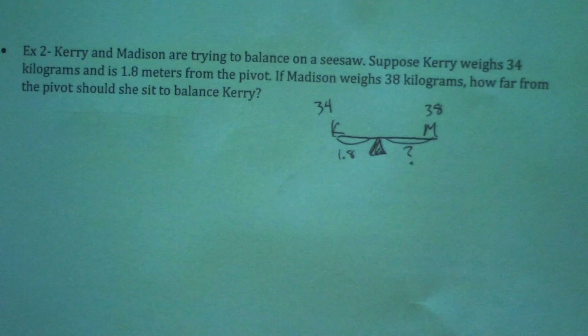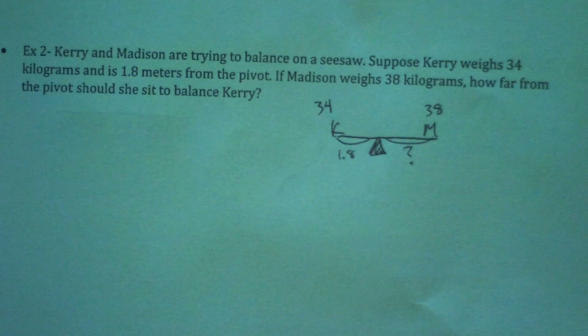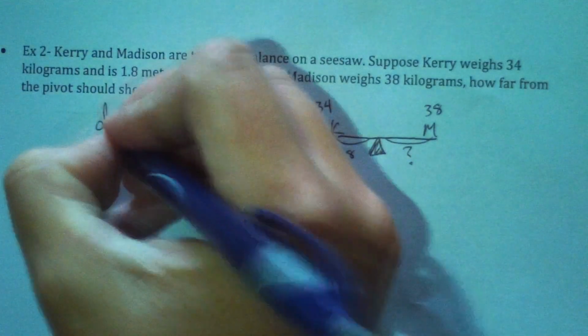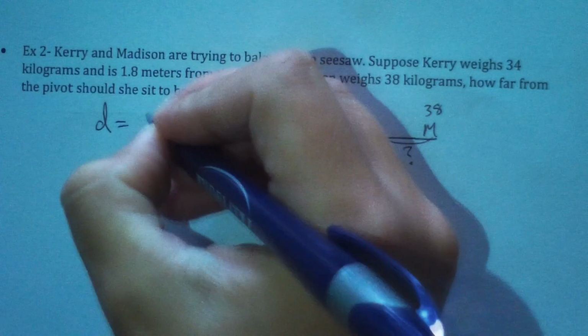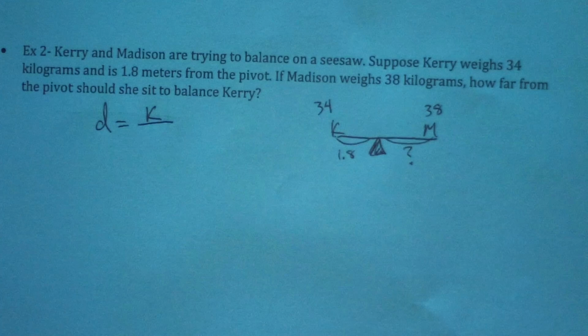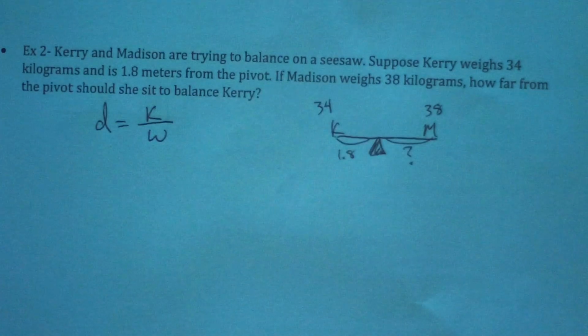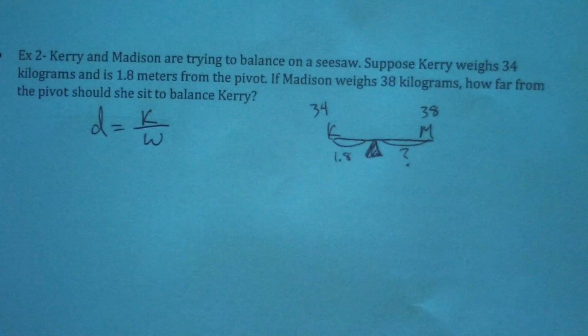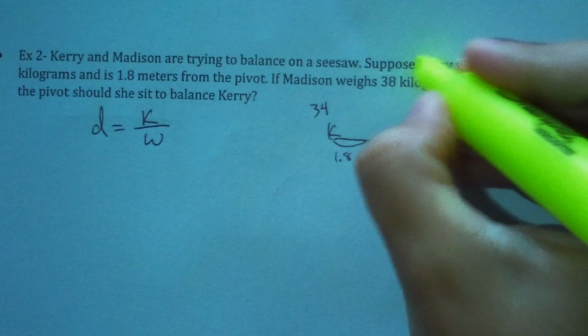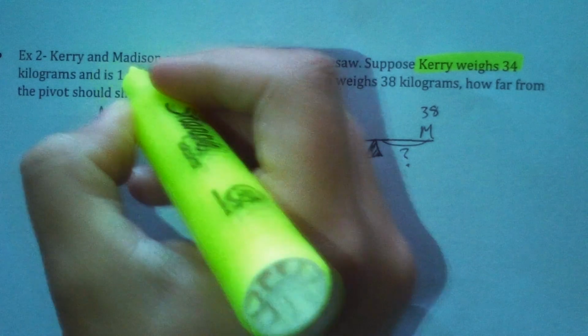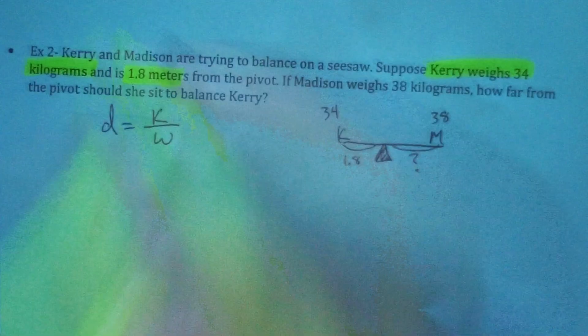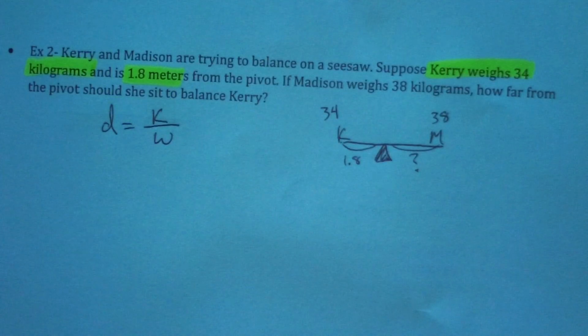So we'll take the two we know already. Carrie is 34 kilograms. That's going to go in for our weight on the bottom, and then the distance they are away from the pivot or the middle is 1.8. Then same as we were doing before, we just have to solve that for K. Once we find the K, we can plug that back in.